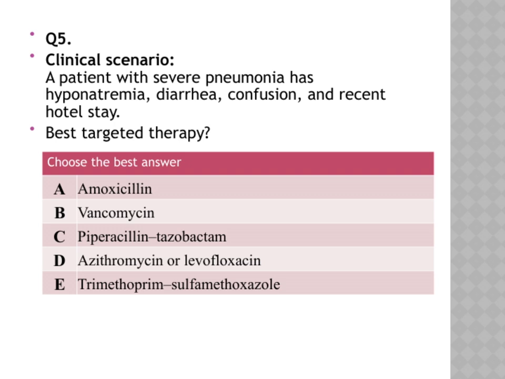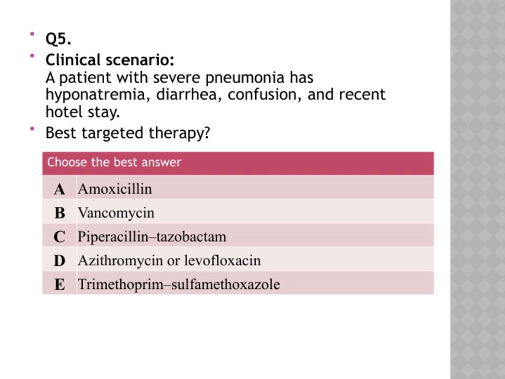So, connecting all these points, the best targeted therapy here would be either azithromycin or levofloxacin, as they specifically target Legionella effectively. This highlights the importance of considering the clinical context, travel history, specific symptoms, and choosing antibiotics that cover atypical organisms when necessary.